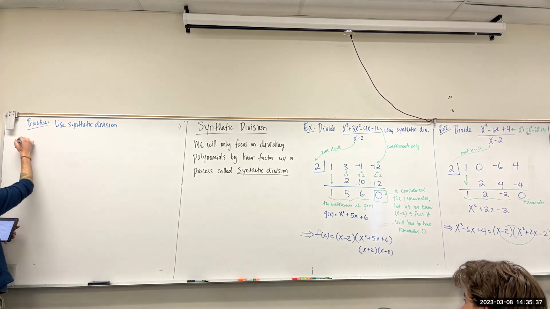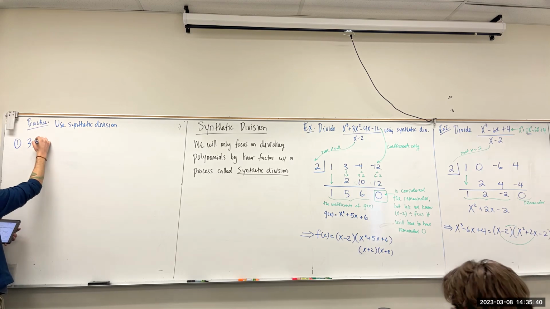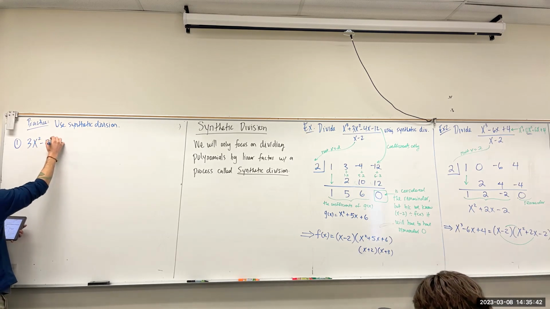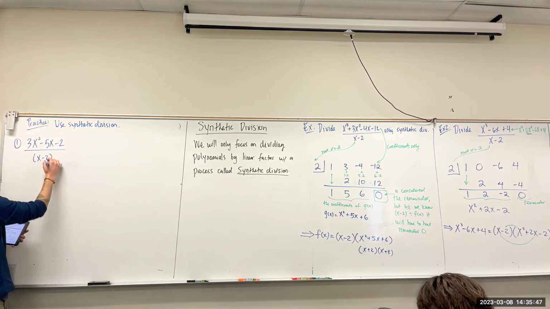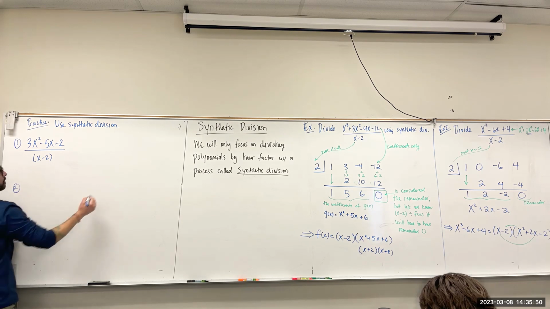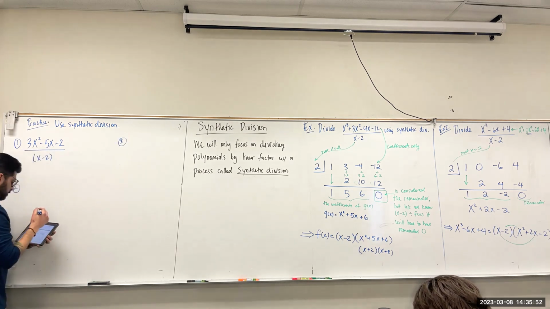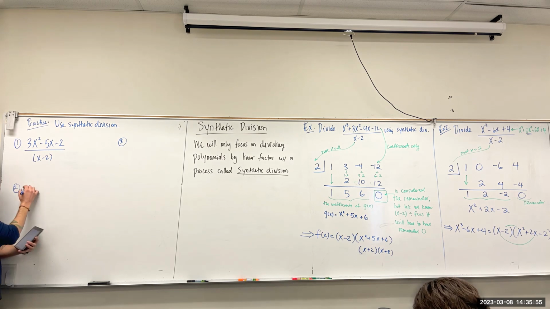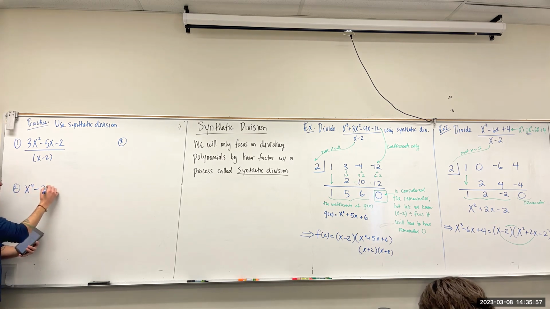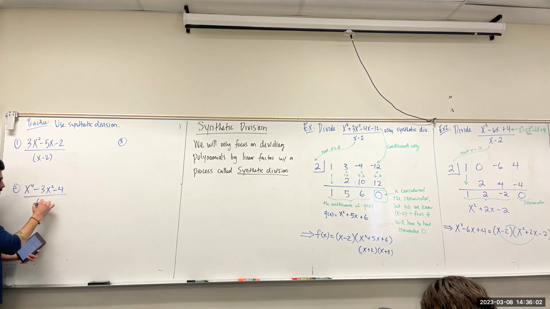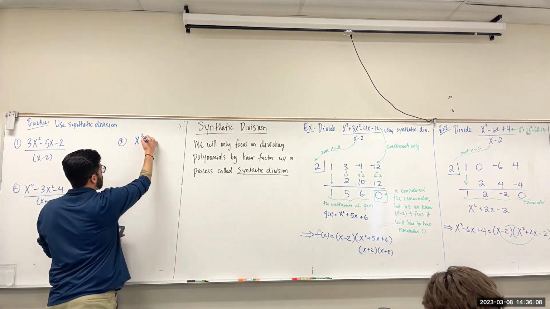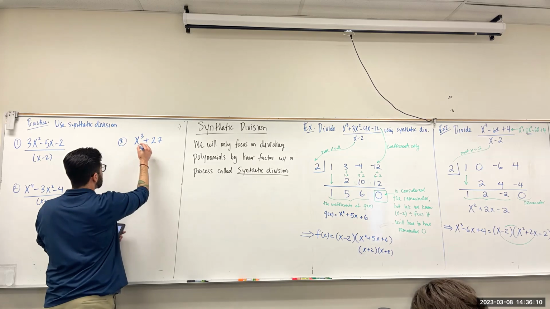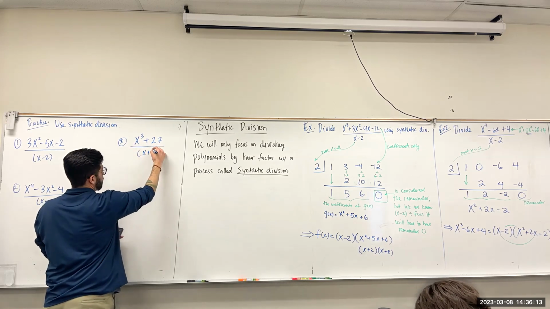For number one, do 3x² minus 5x minus 2 over x minus 2. Second one is x⁴ minus 3x² minus 4 over x plus 2. And then x³ plus 27 over x plus 3.